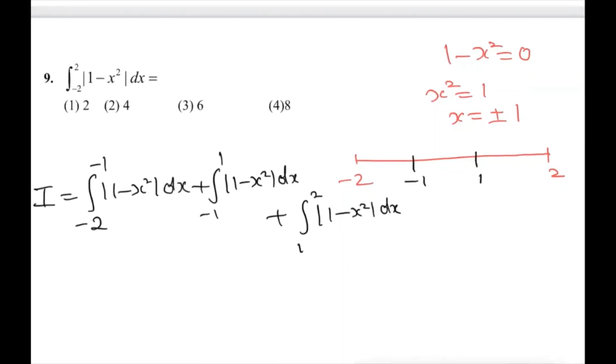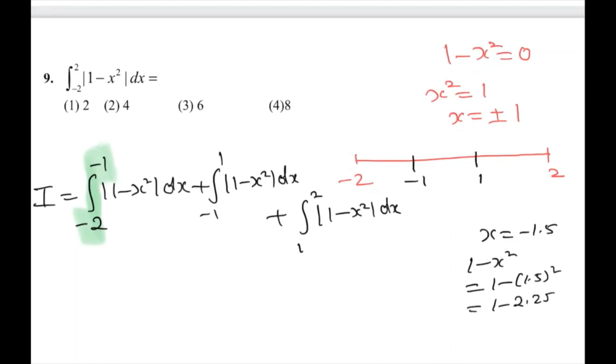So whenever x lies between minus 1 and minus 2, say x is minus 1.5, then 1 minus x square will be 1 minus 1.5 whole square, that is 1 minus 2.25, that is negative. Mod of a is always positive. So to make it positive, we should write this as minus 2 to minus 1 minus of 1 minus x square dx.